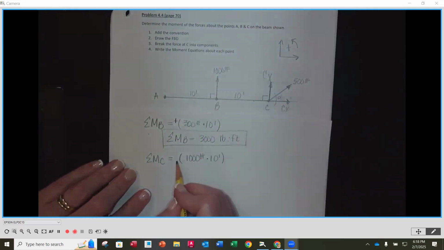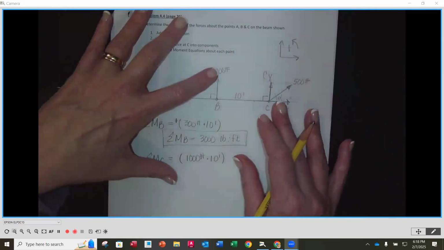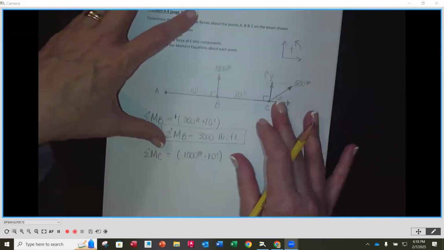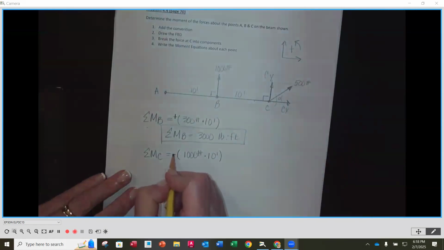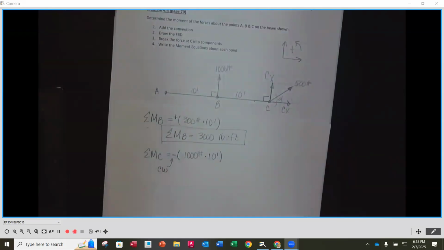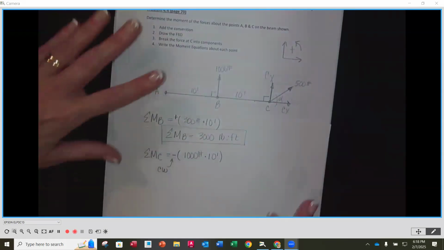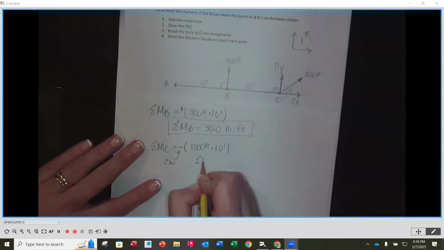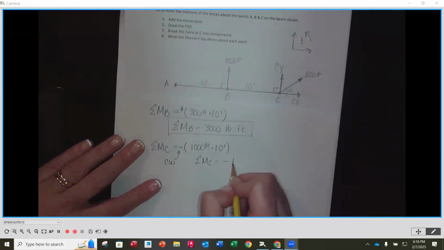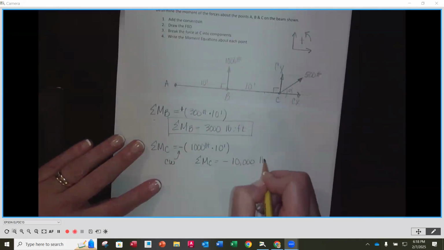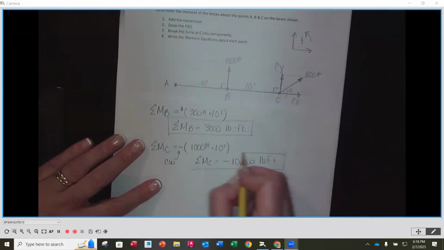And then the sign out front is going to be negative because this is a clockwise direction. So we multiply those out, we're going to get a negative 10,000 pound-feet.